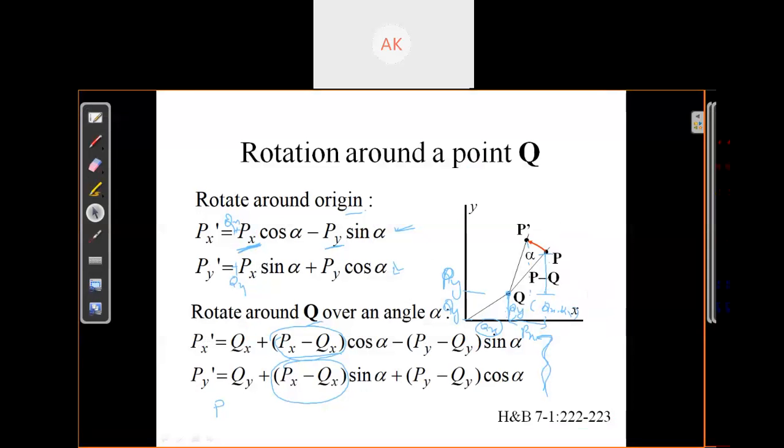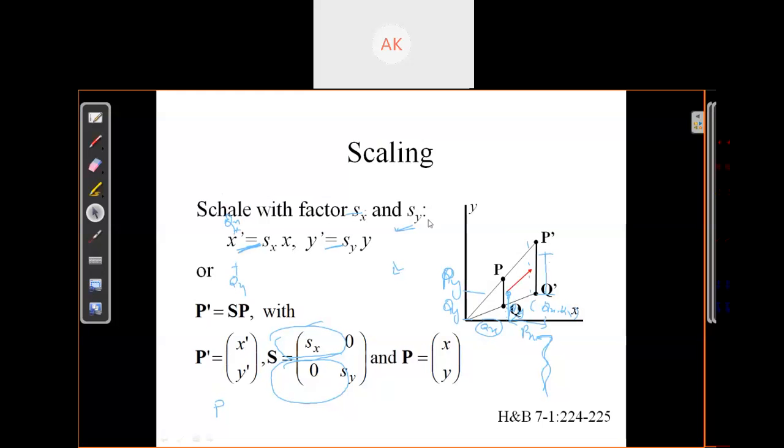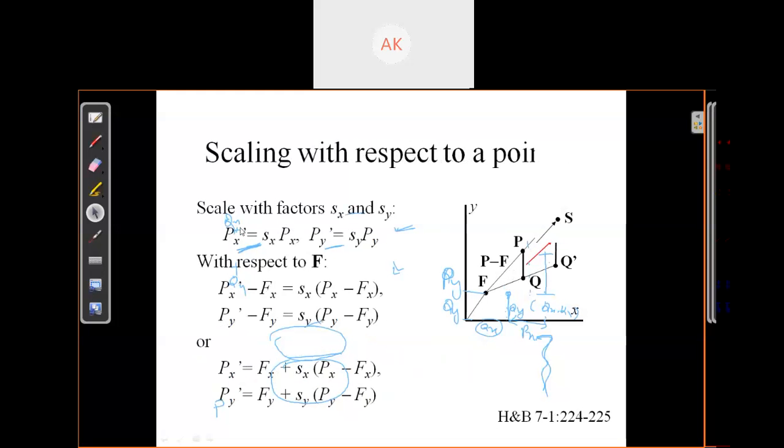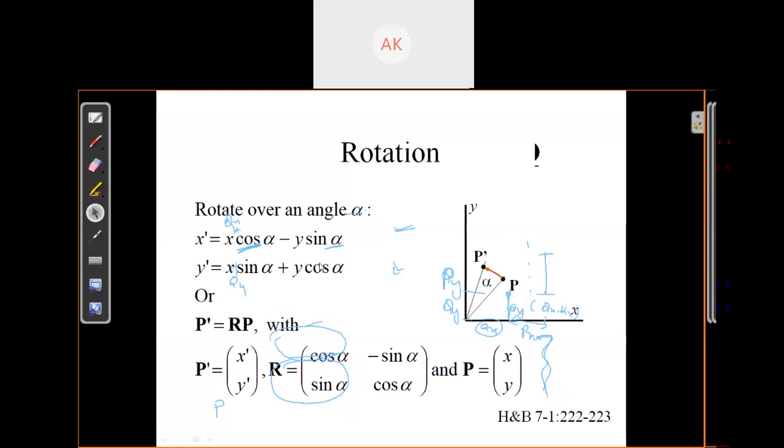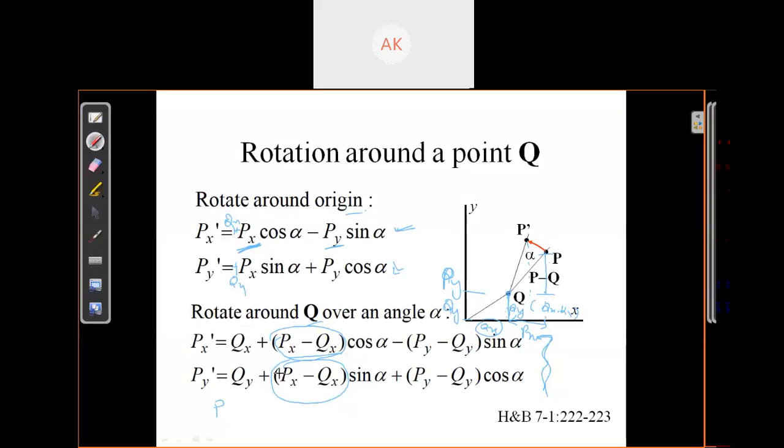So when you write this equation, what we get when the rotational axis is not the origin is this form: p dash equals the rotational matrix R times your given point p, plus some term t, the translation term.